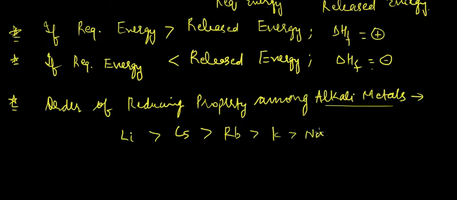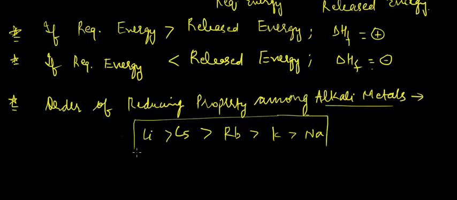And why is this the case? Generally Li should be the least, but we know that the ionization energy of cesium would be the least among all the alkali metals, hence ideally it should be placed here. But on the other hand, the experimental fact is Li has the highest reducing character.